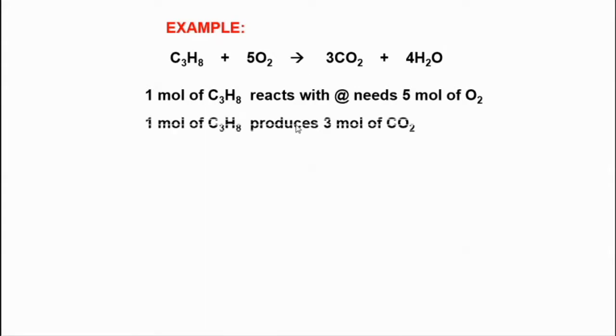Or it can also be written as 1 mole of propane produces 3 moles of carbon dioxide, or 1 mole of propane produces 4 moles of water. See the relationship here, between the products and the reactants.